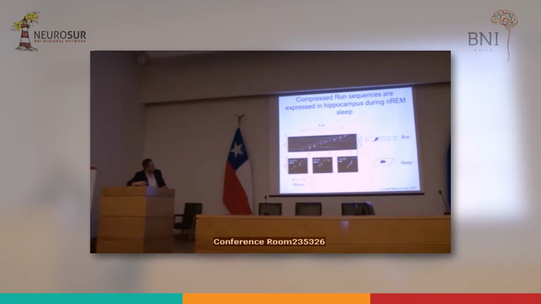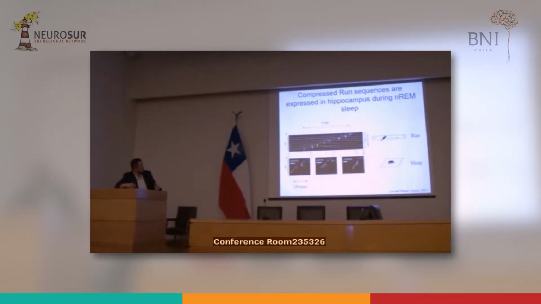And what Albert found was, if you look at a series of place cells that are activated, in this case, in order, going from left to right, cells 1 to 8, when the animal would go to sleep, there were these periods where the same cells were activated in the same sequence, but with this temporal compression: a sequence that took the animal 5 seconds to run through was re-expressed in about 150 milliseconds.